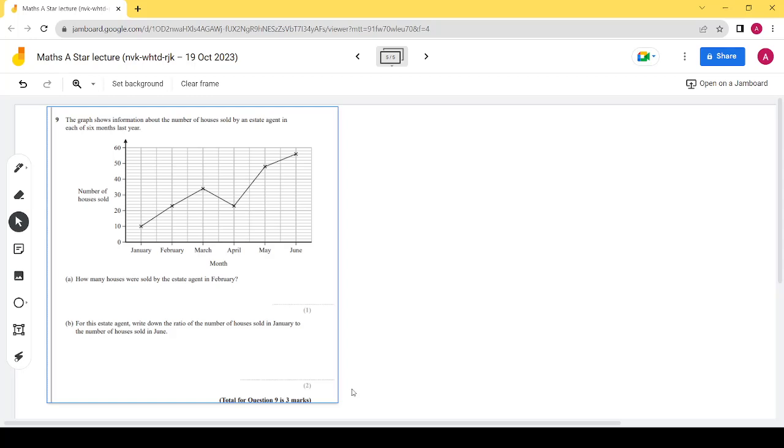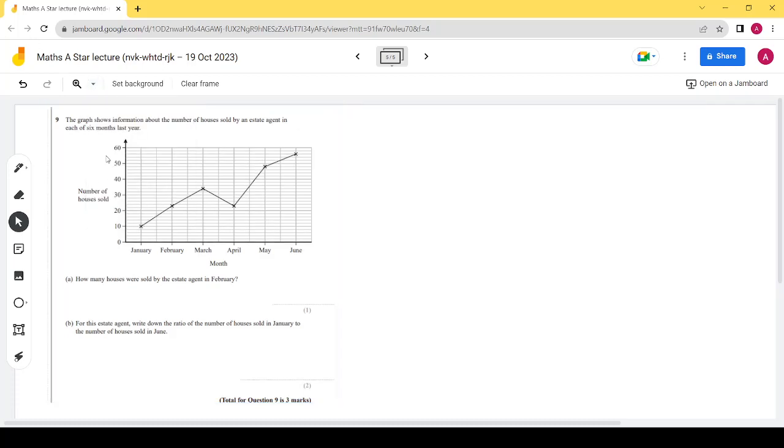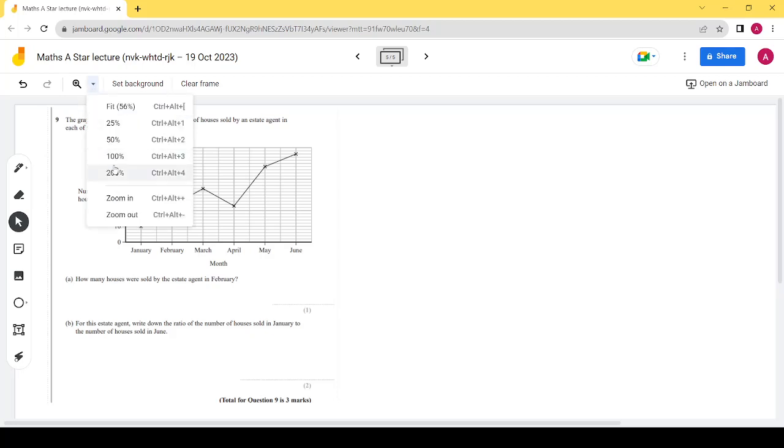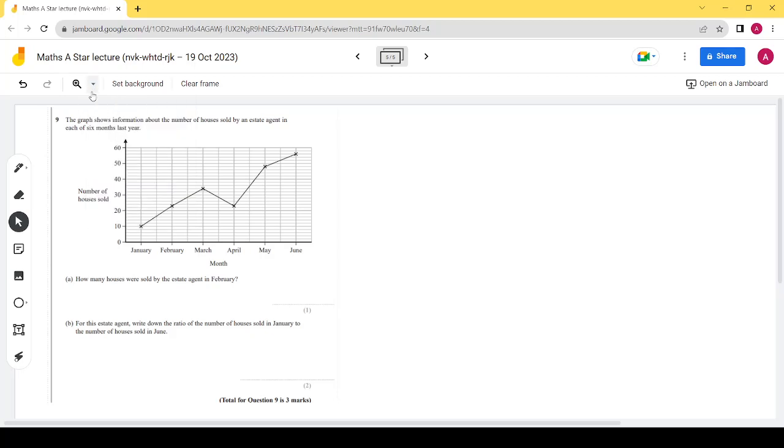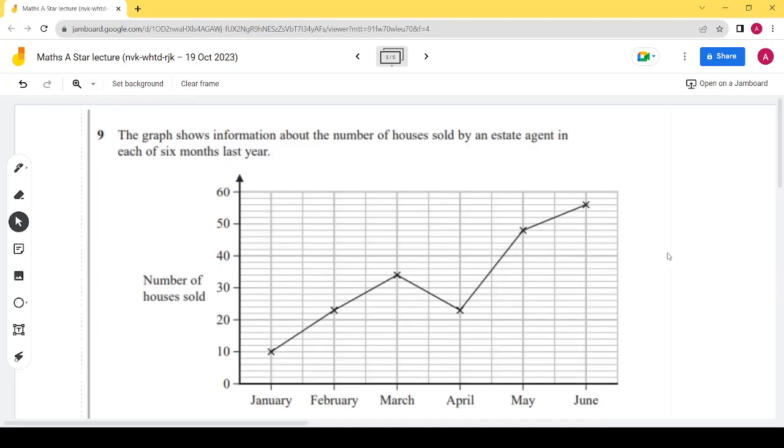Well, the slight difficulty with this question, of course, is I've got it very small and it's testing my eyes. In fact, I'm going to zoom in a bit as a result. If it lets me. Here we go.